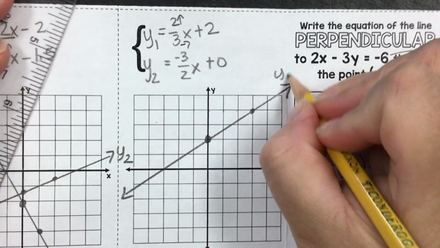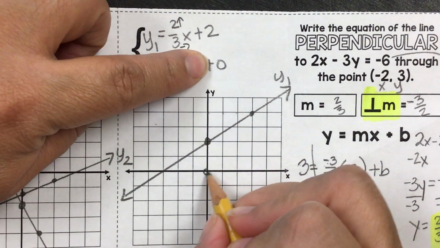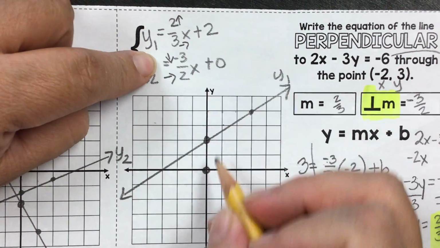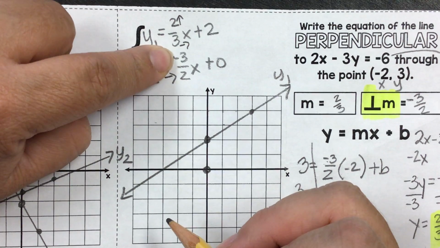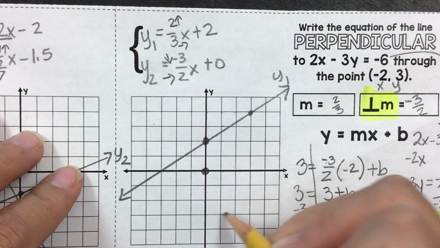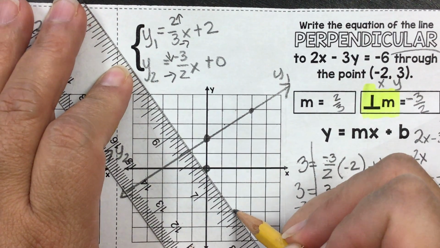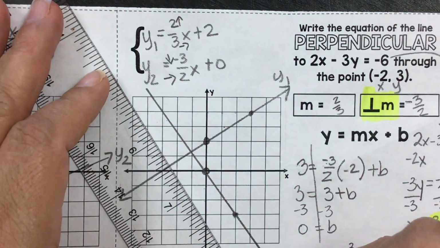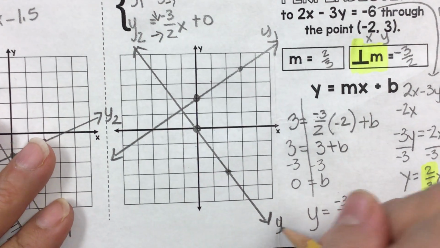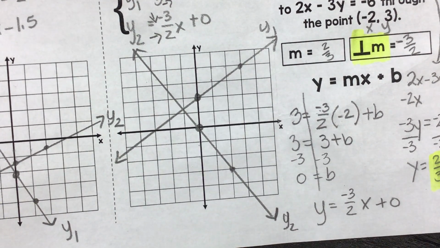And this was our y1. For the second one, we start at the 0. This says move down 3 to the right 2. And this is your y2. So that is graphing perpendicular lines.